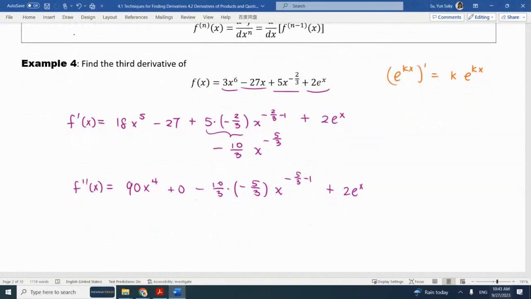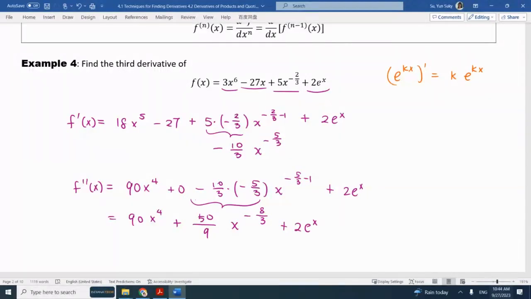Can you also tell me what this term is? Plus or minus? Plus, and then? Yeah, 50 over 9, x to the negative 1/3, right? Plus 2 times e to the x.